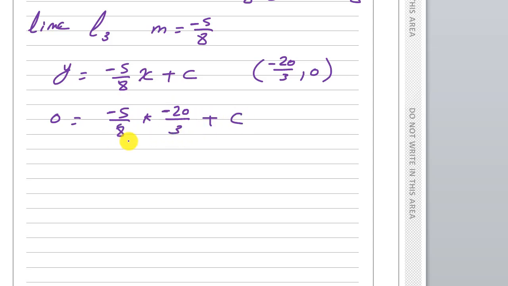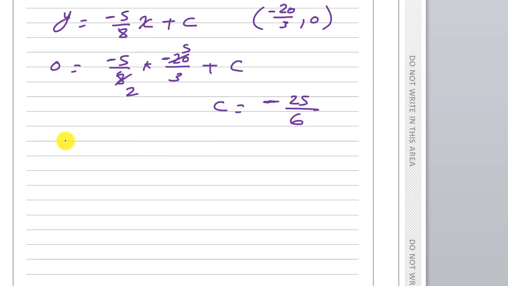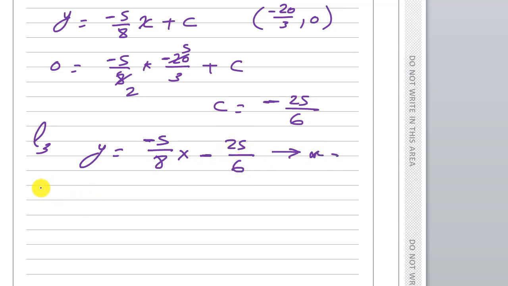So c is equal to minus 25 divided by 6, because this is plus, it comes to this side as negative. So the line L3 equation is y is equal to minus 5 over 8 x minus 25 divided by 6. And this is the equation of line L3.